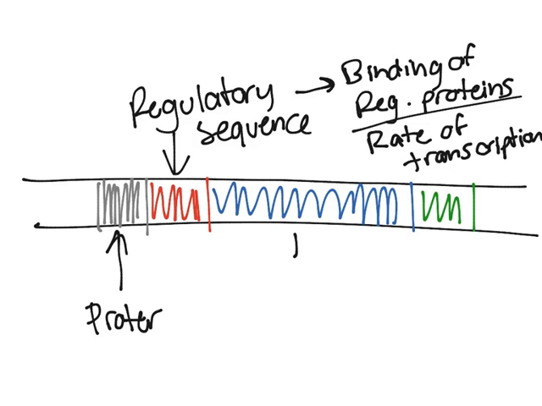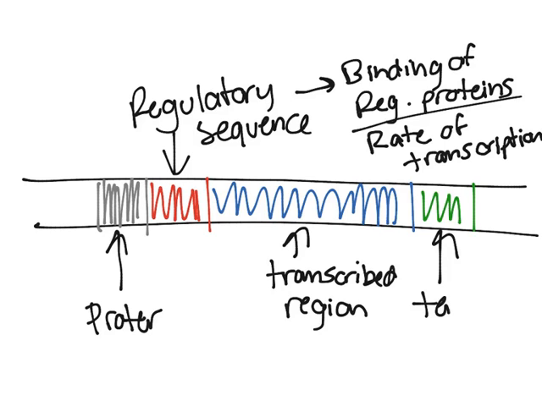Here, in the blue, is the transcribed region. It contains the information that specifies an amino acid sequence. So it's essentially the whole sequence of DNA you're trying to copy for a certain protein. And then finally you have here in the green the terminator, which signals the end.